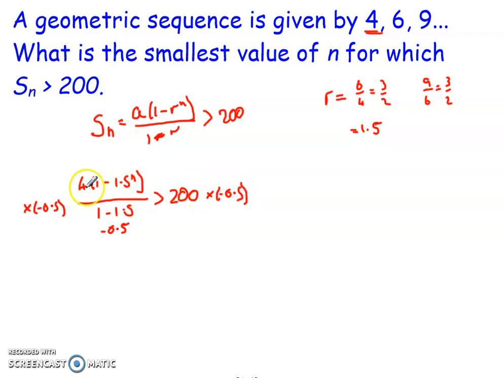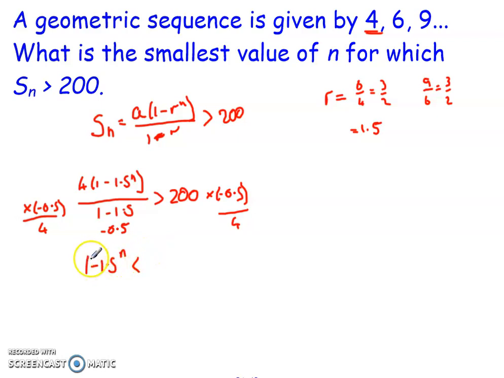But what I'm also going to do is take the 4 times here, and divide by 4 on this side as well. So that means I've got 1 take away 1.5 to the power of n. Now because I'm multiplying by a negative, remember that switches your inequality around, and I then do 200 times negative 0.5 divided by 4.